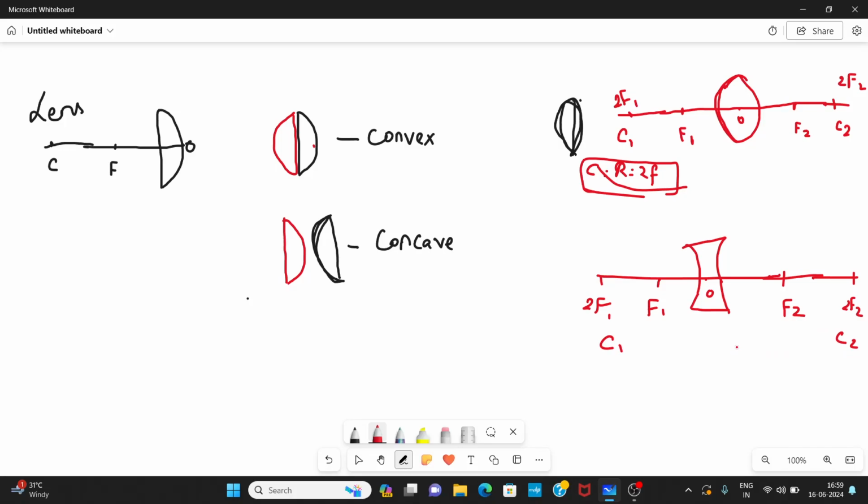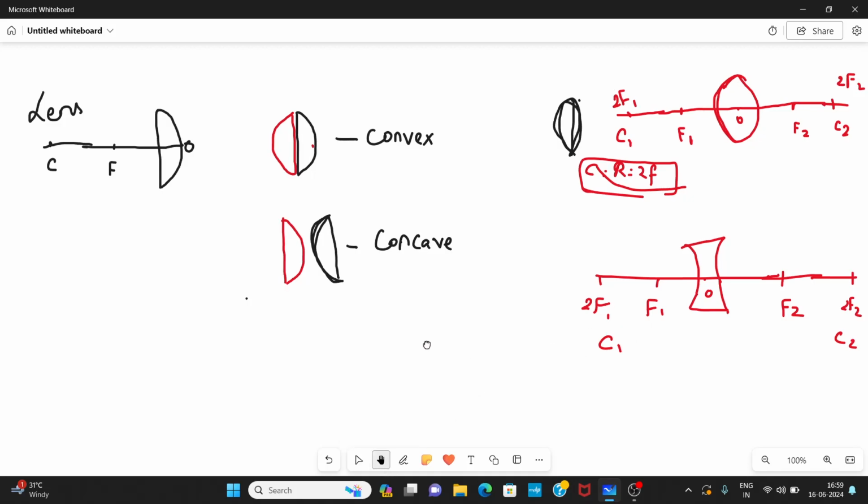Now let us discuss how the image is formed by these two types of lenses.